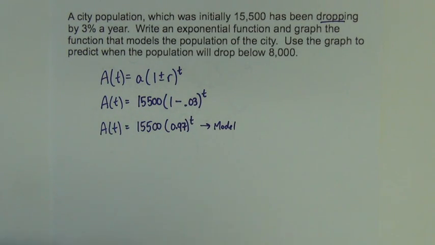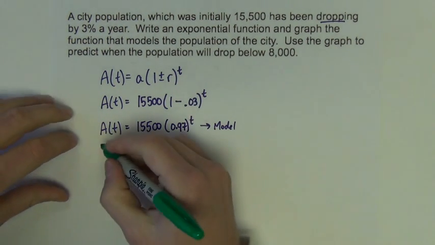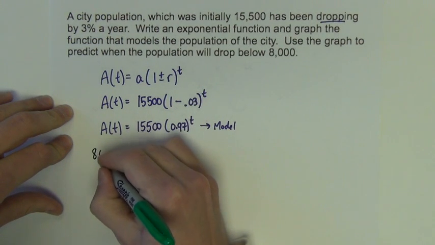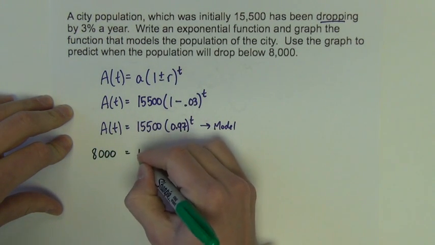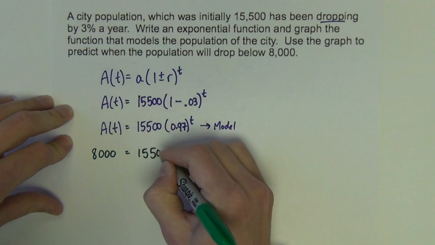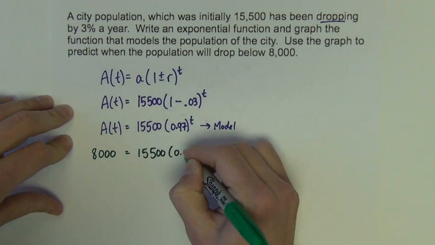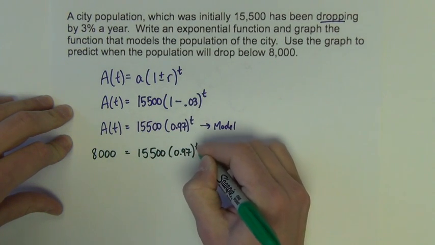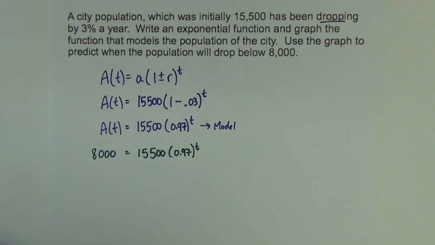Now we want to use the graph of this model to solve the problem for when the population will drop below 8,000. So I want a final population of 8,000 here. And just like we did in the last problem, we're going to do this on the graphing calculator.